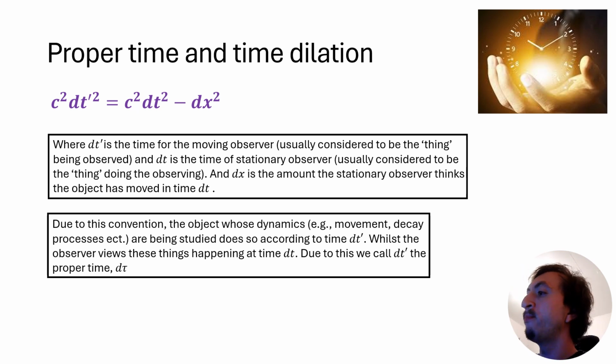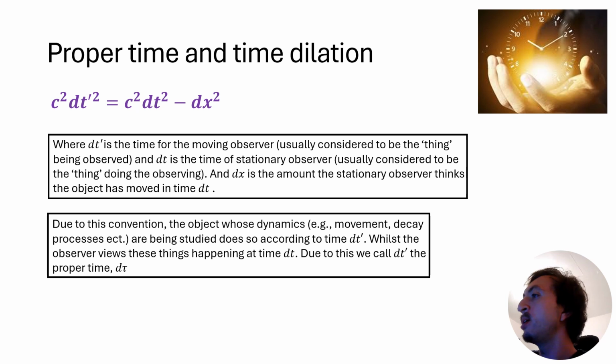If we have a particle that takes 5 seconds to decay when it's at rest relative to us, then when that particle starts moving really quickly relative to us, the particle still thinks it's going to take 5 seconds to decay, but because of this time dilation equation, it will seem to take a lot longer for us. But it will still, according to the particle, take 5 seconds just as it did before.